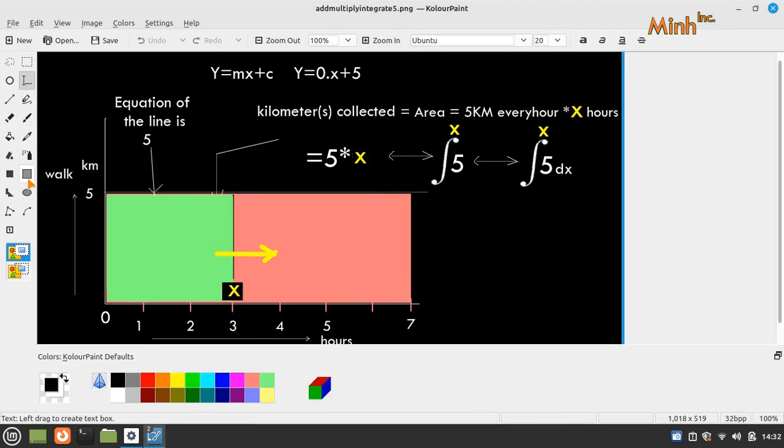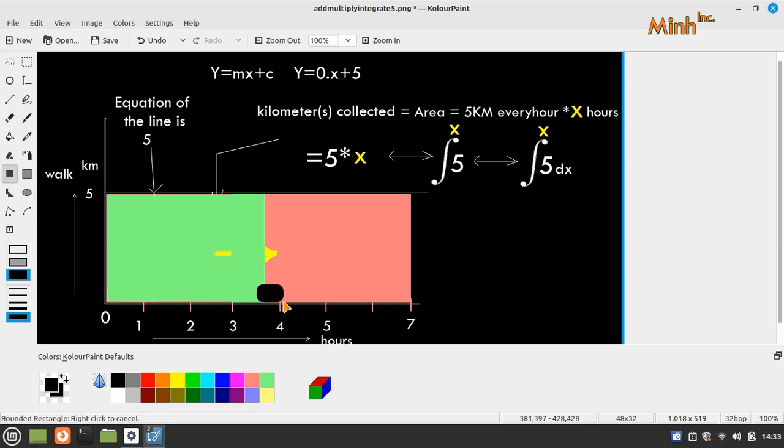If X is here, sometime later X can be here.